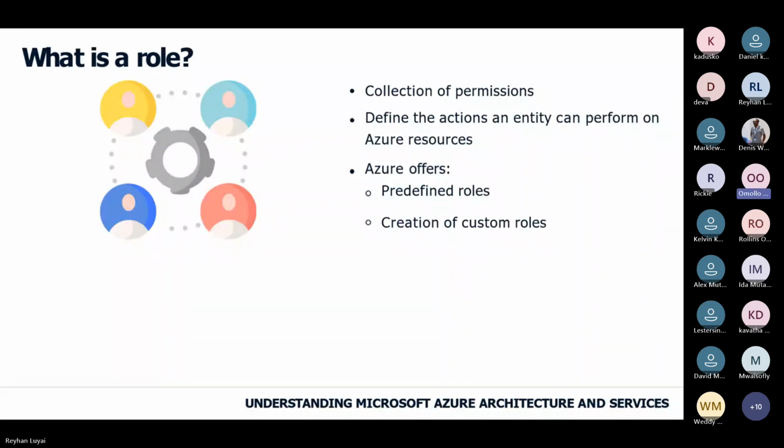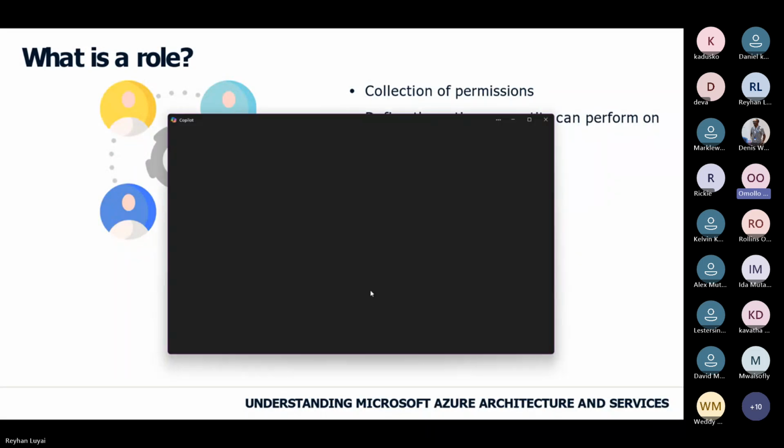Now, what is a role? A role is a collection of permissions. To make this clear, I'll give you an analogy from real life. If you're a developer, you've built systems with authentication and authorization. A user can be assigned the role of admin.